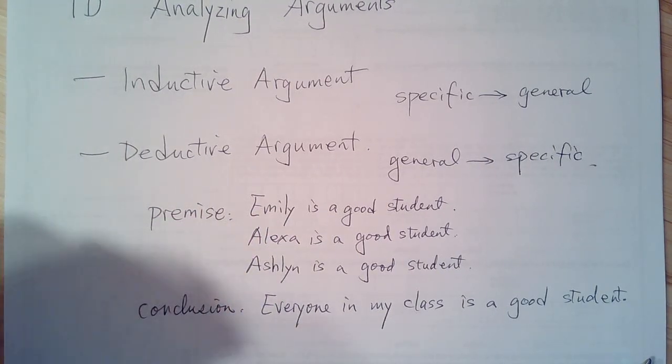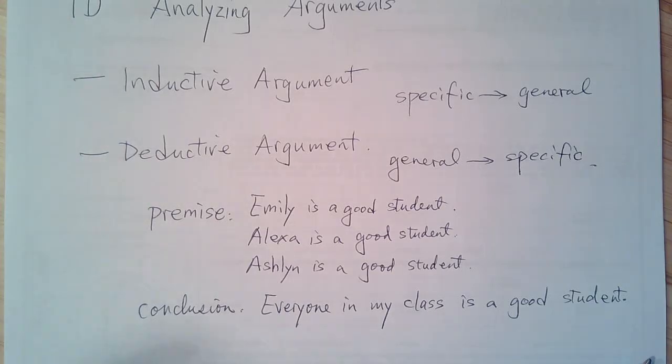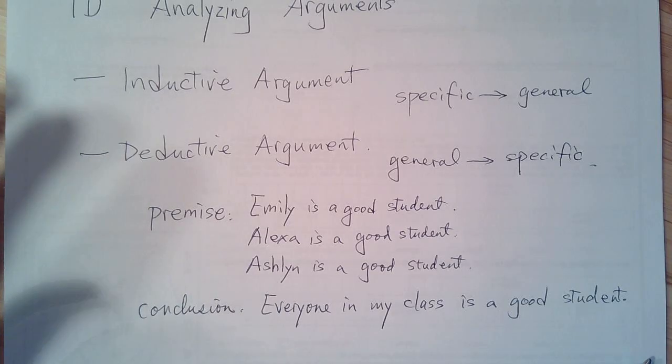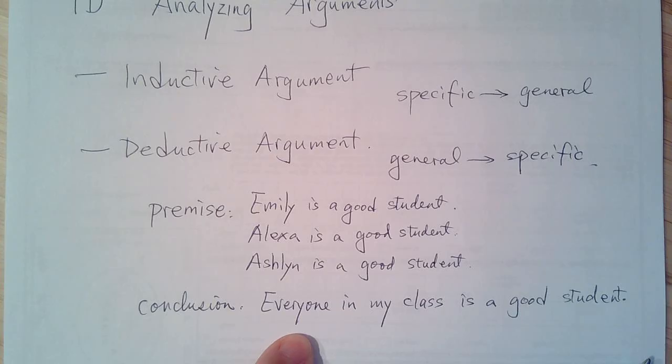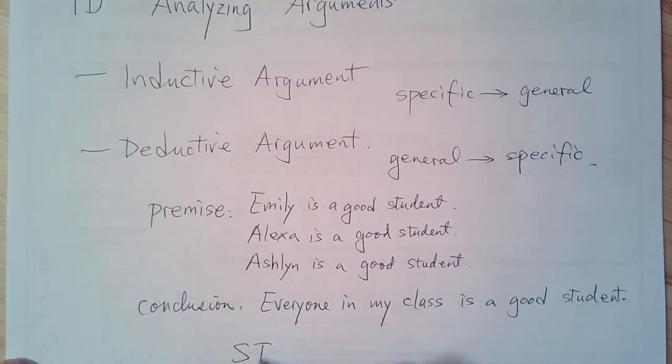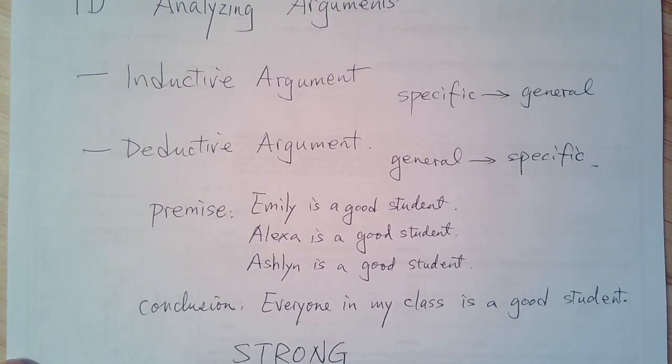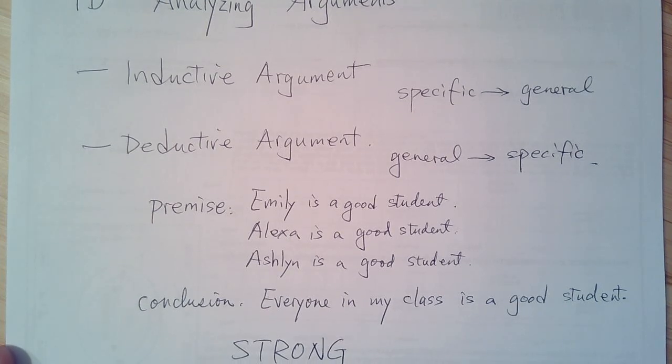I keep calling every student's name, not the whole class, but maybe like 2/3 of the class, or maybe 80% of the students in my class. Each one is a good student. Therefore, my conclusion is everyone in my class is a good student. This is a strong argument.